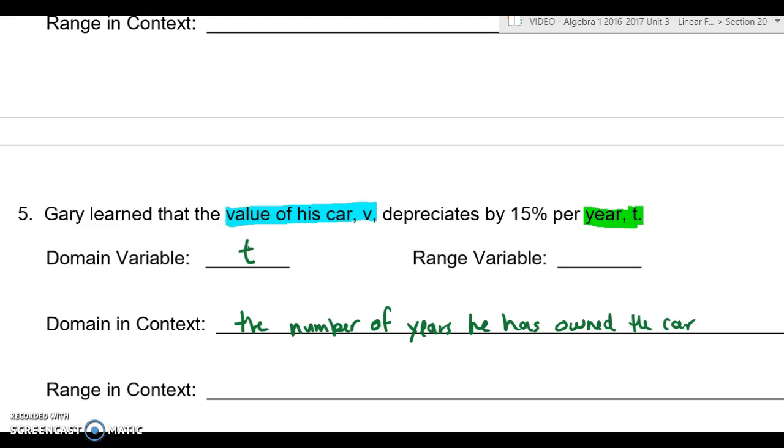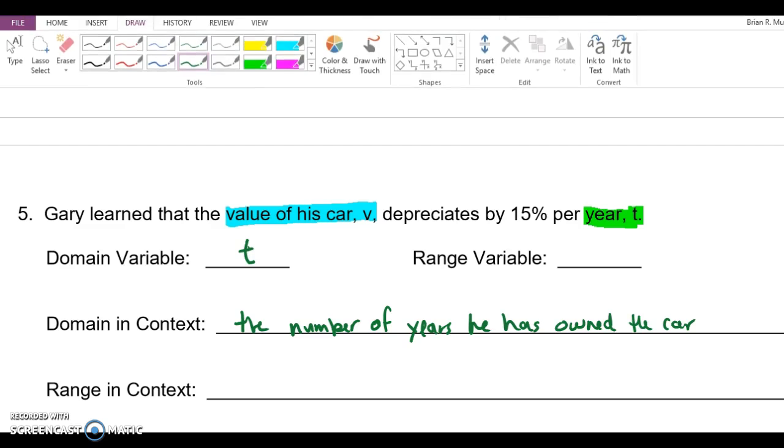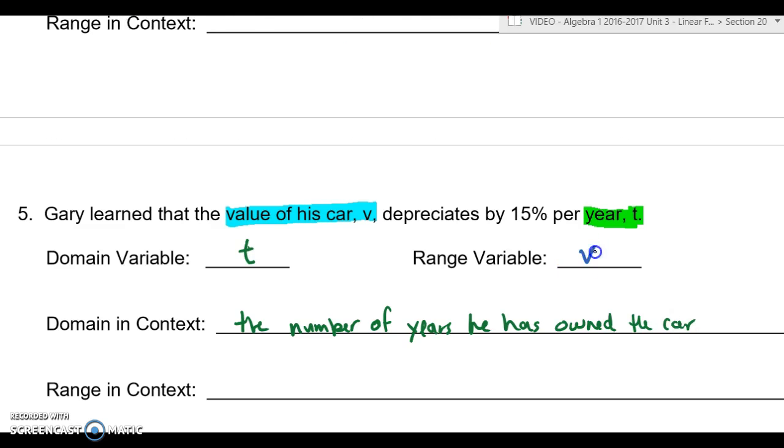And then the range would be V, because that's our output, and that's the value of Gary's car. So it's just like we did in the first part, we're identifying the input, the output, but now we're specifically saying this is the domain, this is the range, and to identify those variables that provide that.